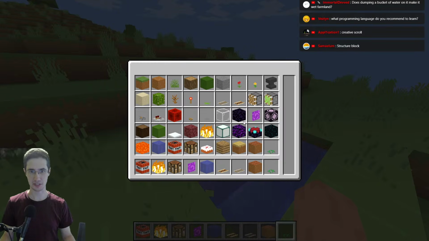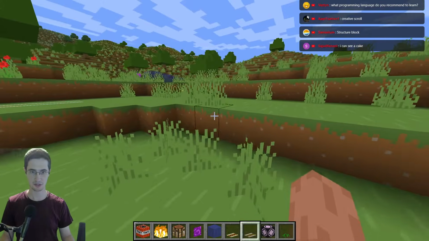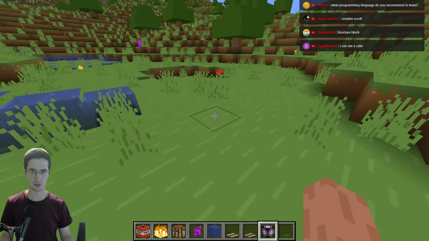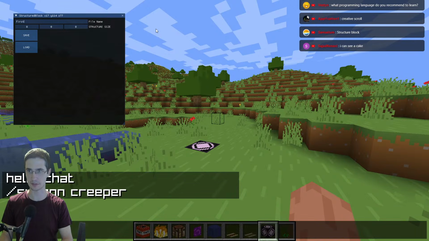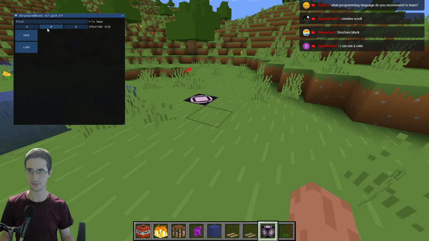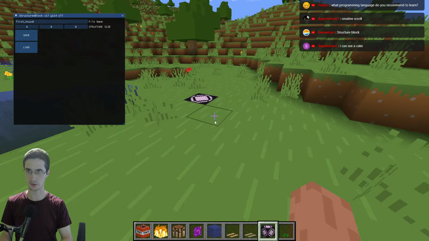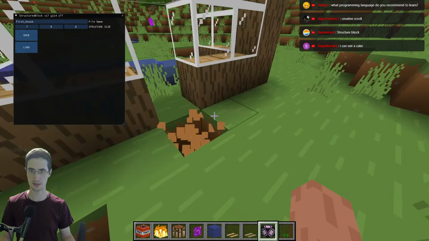Oh yeah, we have the structure block, and it actually works. If I place it here, we have an IMGUI menu, and here we can do my first house, and hopefully it doesn't crash the game. Okay, it didn't.